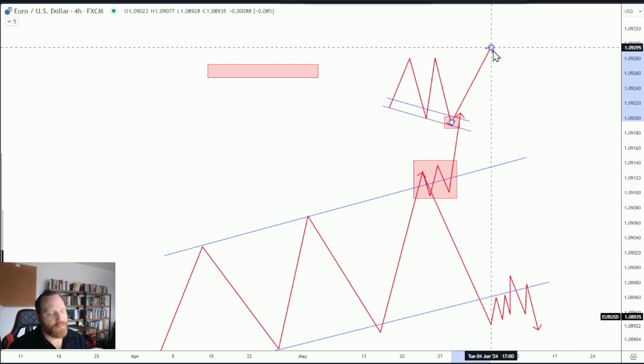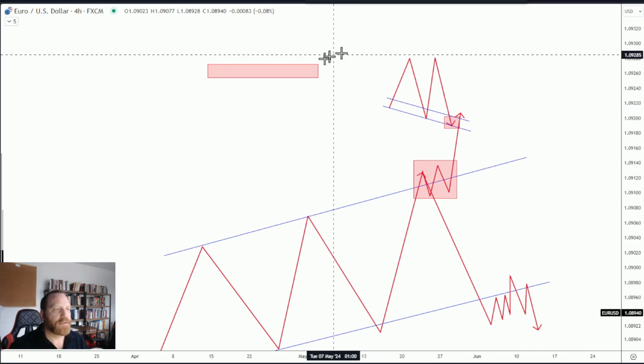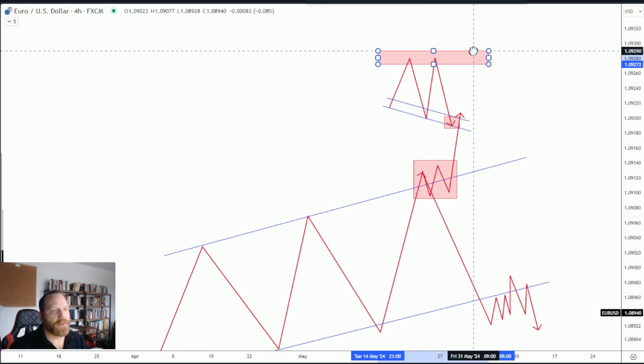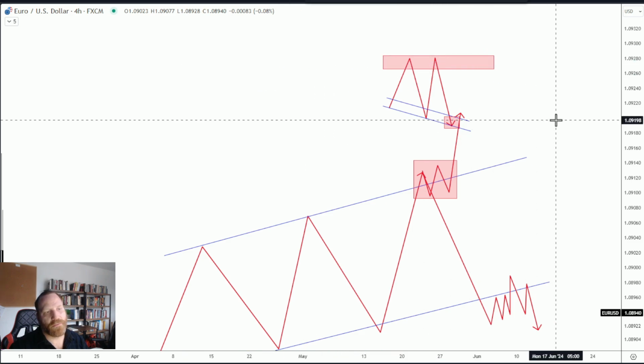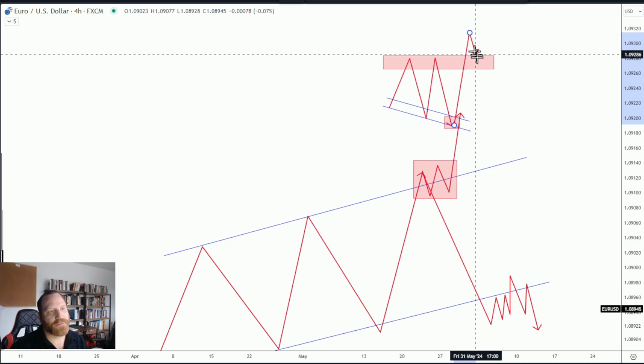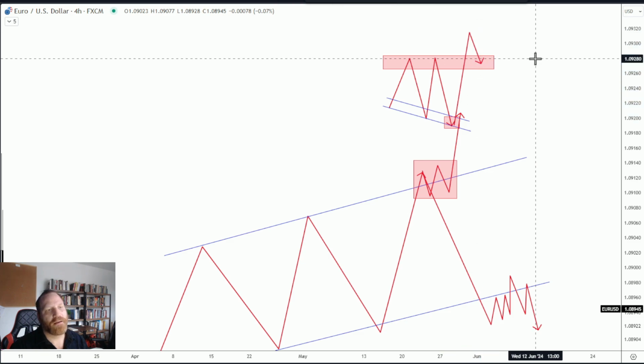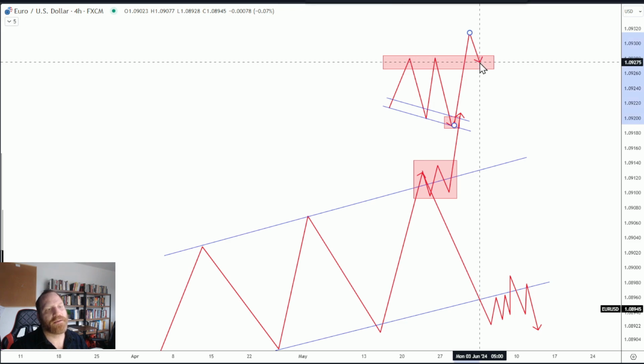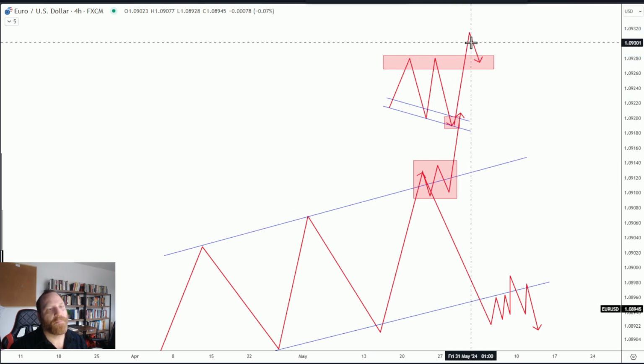And the other way to trade this is to trade the break, what I call a break and retest. And I'm sure I'm not the only one that calls it like that, but basically, when it breaks out and it comes back, that's another opportunity where you can have a fairly tight stop and go.